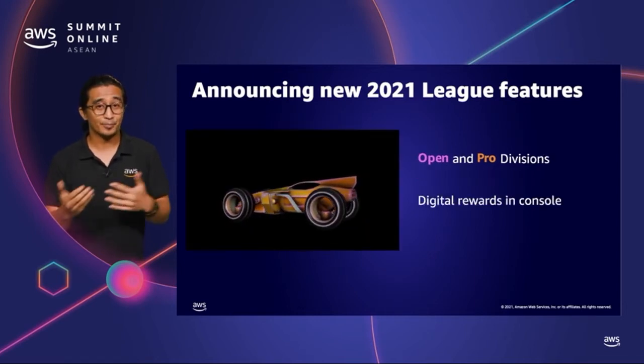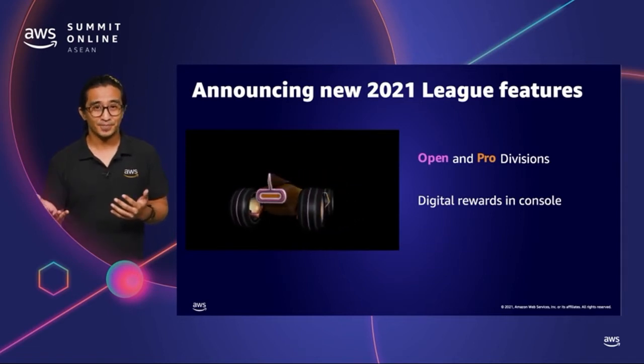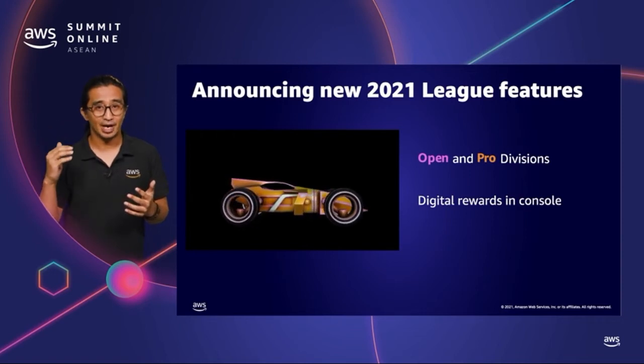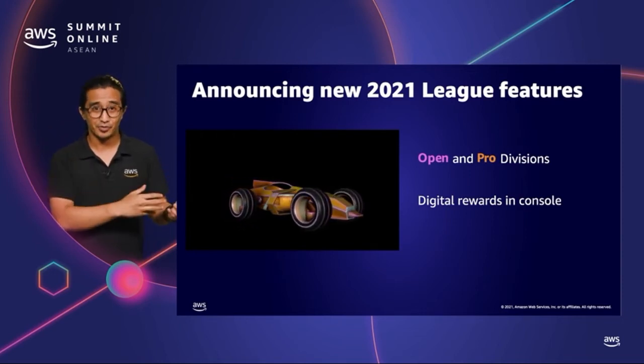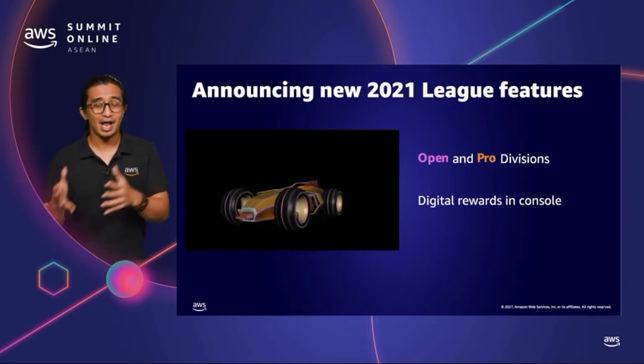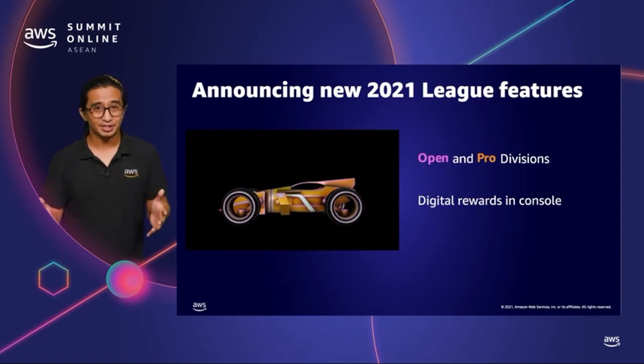Participating in Open and Pro Division races can earn you new digital rewards. Open Division rewards participation each month with new vehicle customizations and other rewards. And the Pro Division celebrates competition and accomplishment with DeepRacer merchandise, DeepRacer Evo cars, exclusive prizes, and qualification to the Championship Cup at re:Invent.